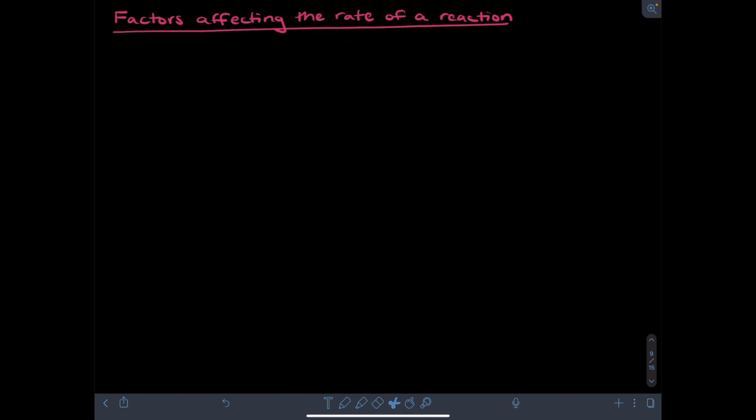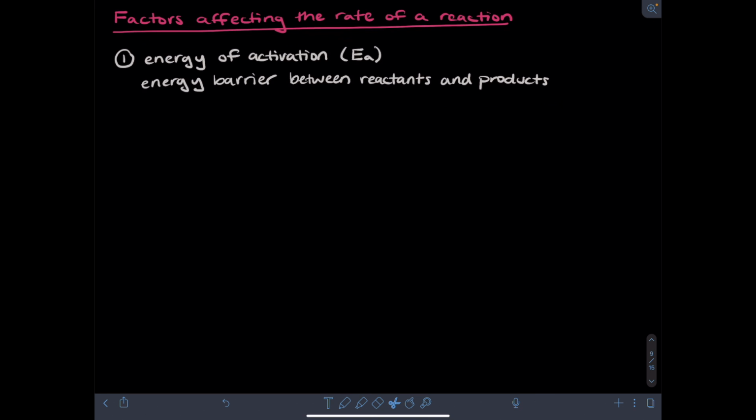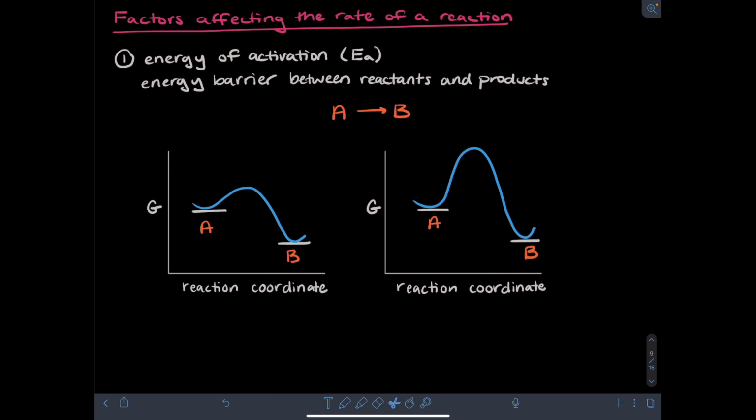The rate of a reaction will be affected by a few factors. One of these is the energy barrier, known as the energy of activation, EA. This is the amount of energy it takes to go from starting materials to products. Let's consider two different energy diagrams.